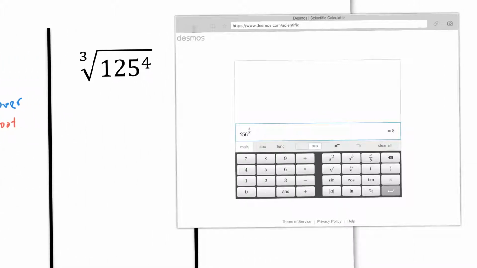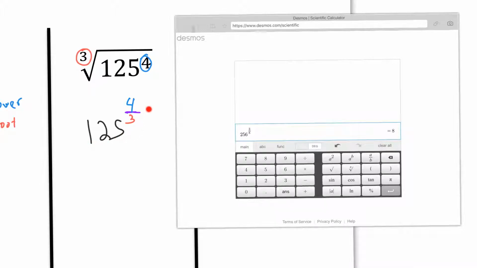Let's try this one here. You have the third root, and your radicand is 125. So you put the 125 here. My fraction will be the exponent. My root is the 3 right here, and my exponent is 4, which is right here. Then you do that in the calculator, and you find the answer.